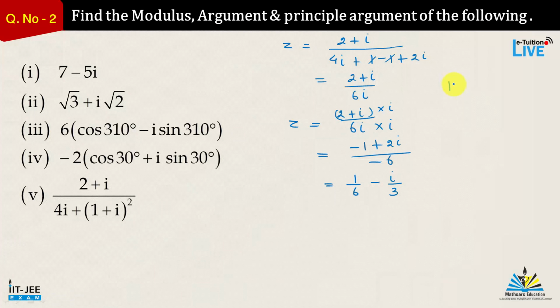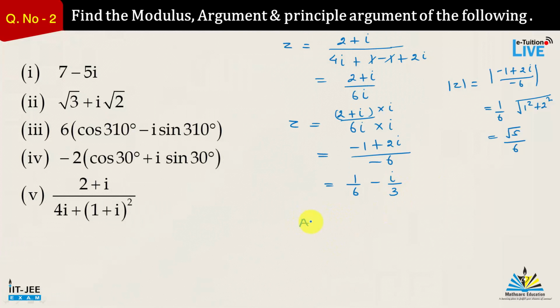So mod of z is equal to mod of minus 1 plus 2 iota upon minus 6, and that is equal to 1 by 6 times under root 1 square plus 2 square. So hence this is equal to under root 5 by 6. That is the modulus of complex number z. Now you can see that this is in the fourth quadrant.